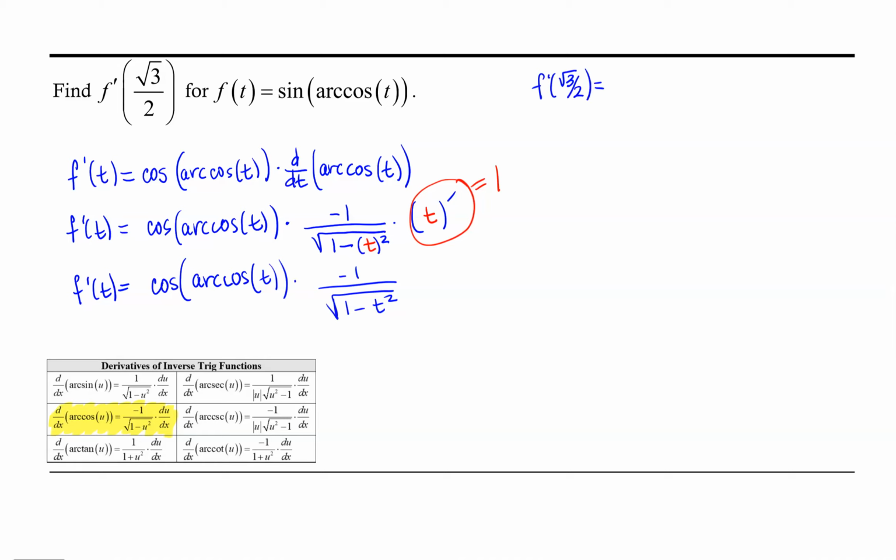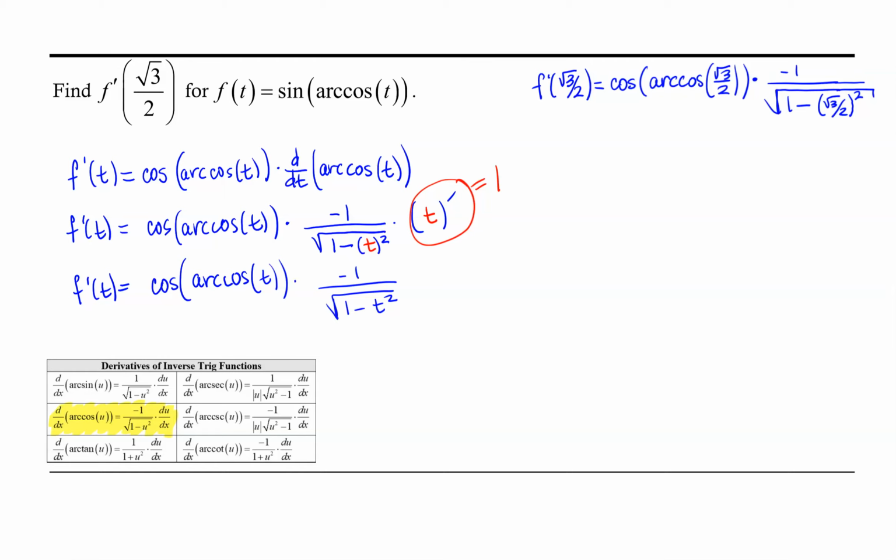So that's going to be the cosine of the arc cosine of square root 3 over 2 times -1 over the square root of 1 minus square root 3 over 2 squared. Okay, so now let's see what we can do to simplify this up a bit.